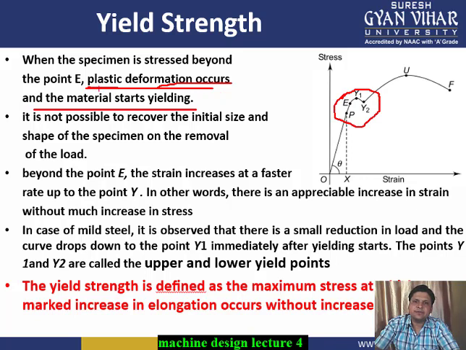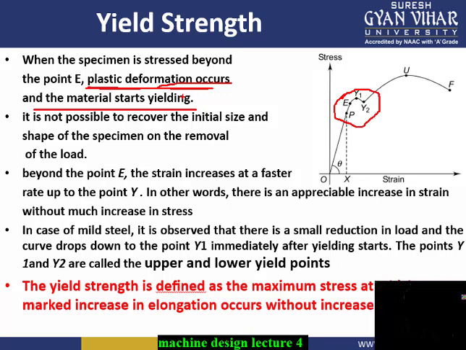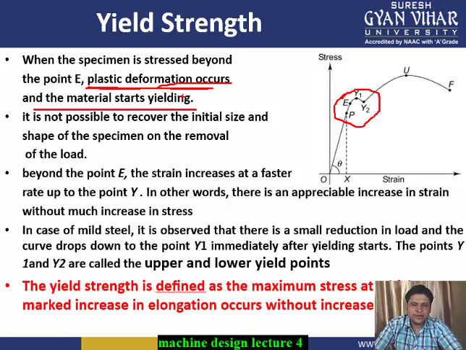Actually, plastic deformation occurs, and due to this plastic deformation the material starts yielding. Now it is not possible to recover the initial size and shape of the specimen on the removal of the load. Very difficult to recover in this position.